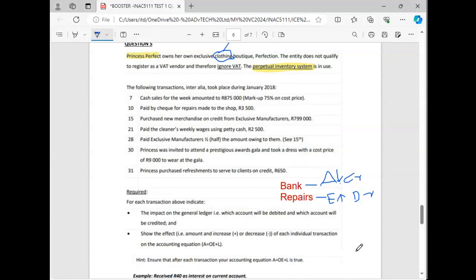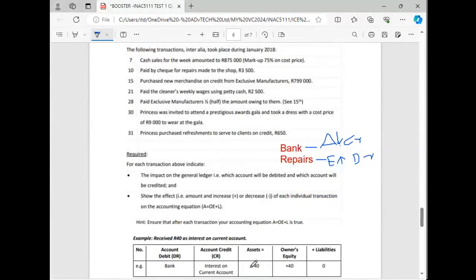Guys, before I continue, who wants to take it? Let me give it to someone who's with me here to come and tell me what to do. My brother, tell me what you think I must do. Are we doing bank repairs?